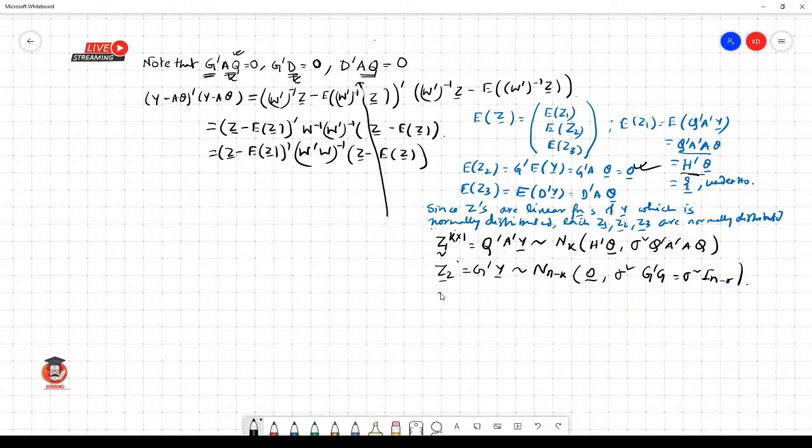And Z3 equal to D prime Y curl is multivariate normal of r minus k dimension with mean vector D prime A theta curl, and dispersion of D prime Y curl is sigma square D prime D. Since I construct this D matrix using orthogonal vectors, D prime D should be I r minus k.